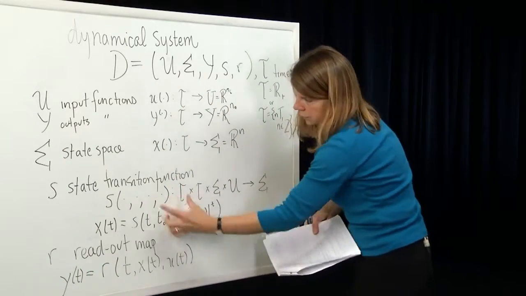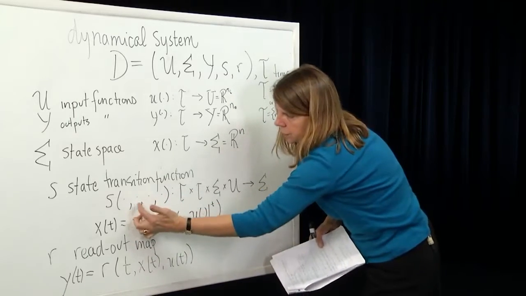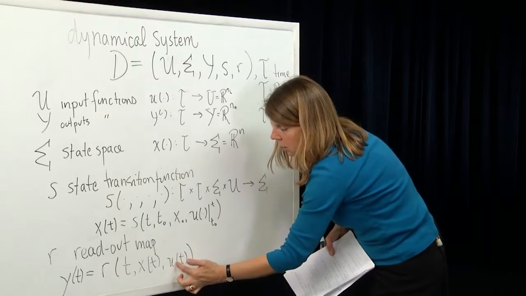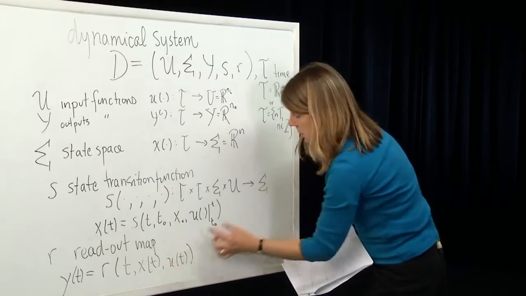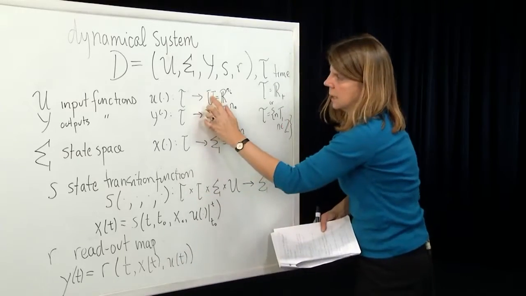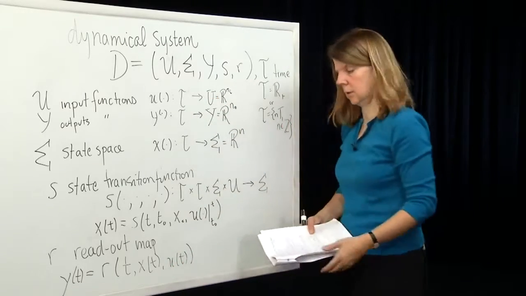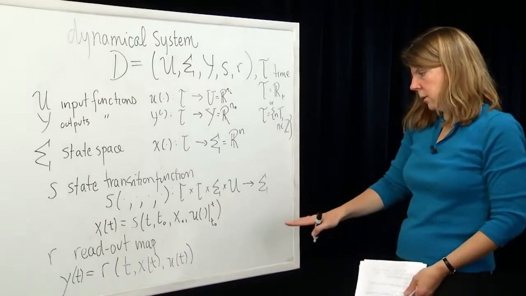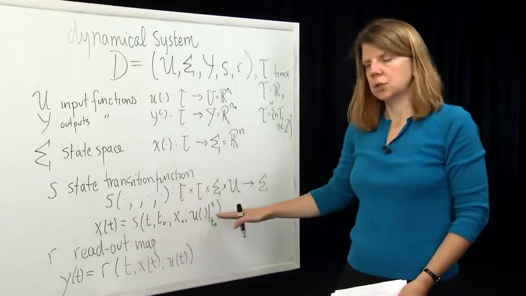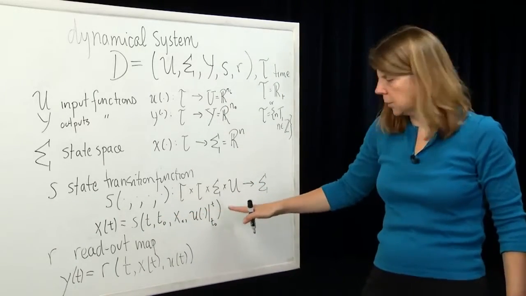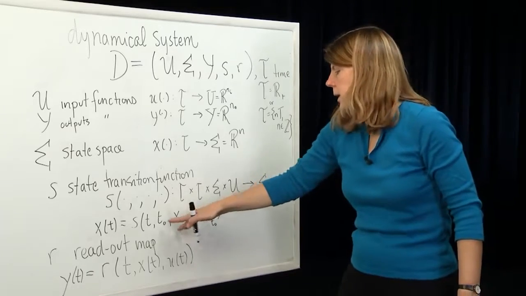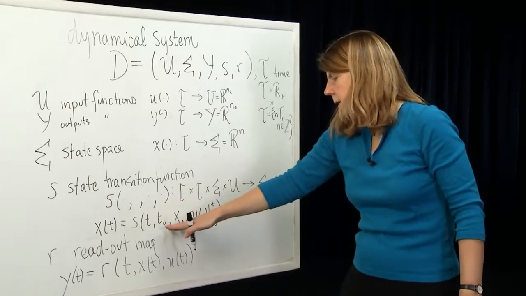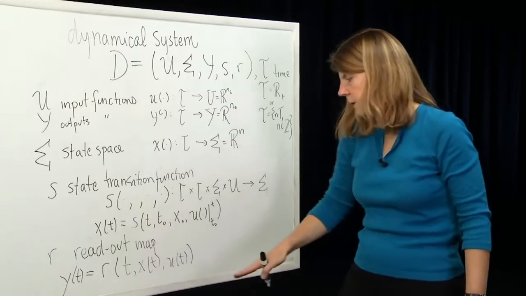So if we wrote it out more generally like this, R would be a function of three elements, tau cross the state space sigma cross the input set. So it's not the set of input functions, it's this set here. It's the value of u at the current time. And it gives you the output at the current time. Okay, so unlike the state transition function, which has this notion of memory, dynamics, within that notation there's some notion of having started at an earlier time and evolved up to the current time.